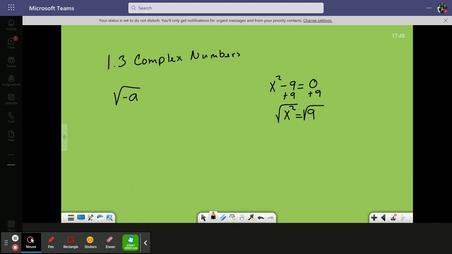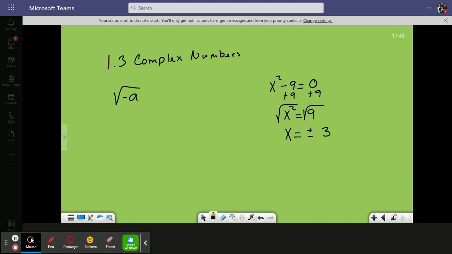And you can because I got two numbers, x, positive 3 times positive 3 gives me a 9, and negative 3 times negative 3 gives me a 9, right? So I have a plus or minus 3.